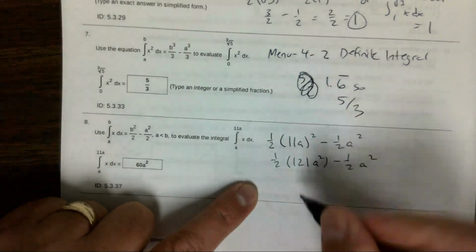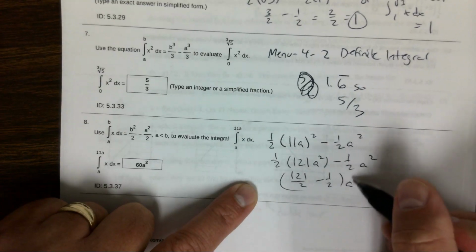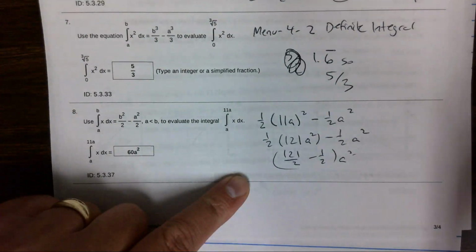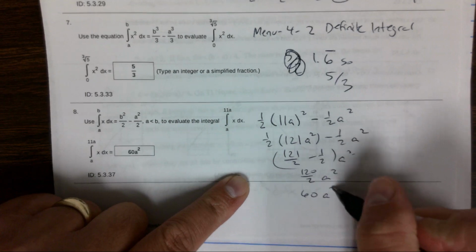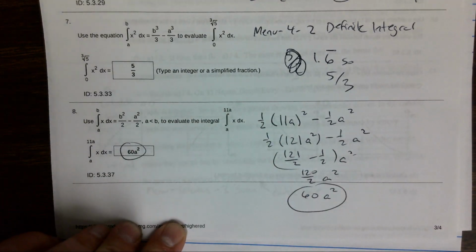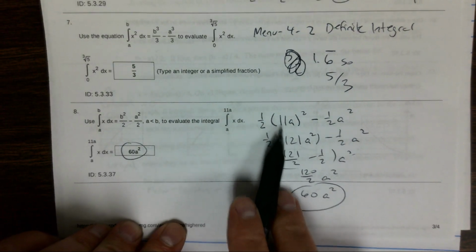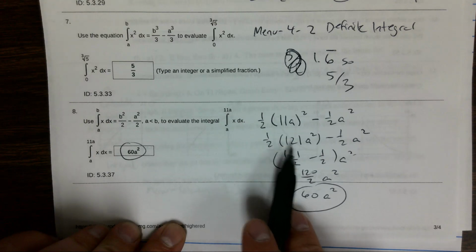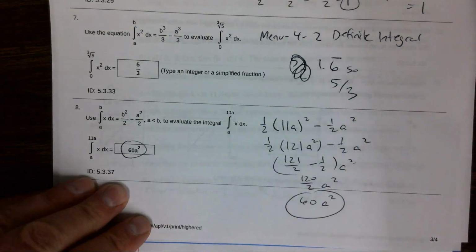So then just do 121 halves minus 1 half. Group those together with a squared, and that gives you 120 halves, which is really 60. So that's how you work that one. Basically, 11 squared is 121, and make it 121 halves, take away 1, and divide by 2. So that's how that works.